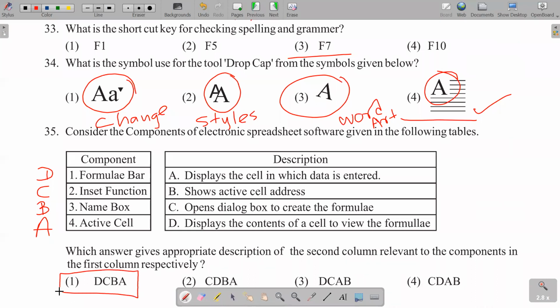First one. Yeah, I'll show you how the drop cap is done, right? Hold on, let me show you what is there with the drop cap.